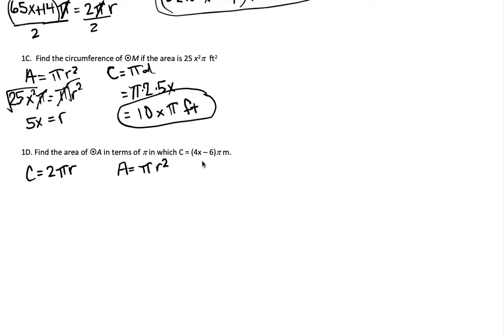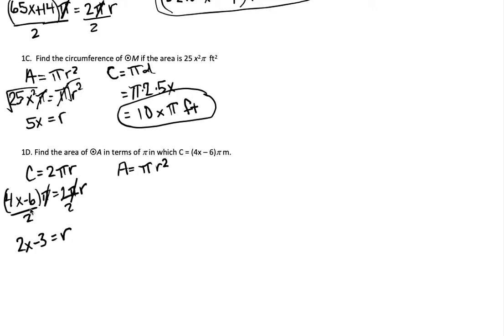We know the circumference, it's 4x minus 6 pi. And then I'm going to divide out my pi's, and then I'll divide by 2. When I divide 4x minus 6 by 2, I get 2x minus 3, and that's my radius.